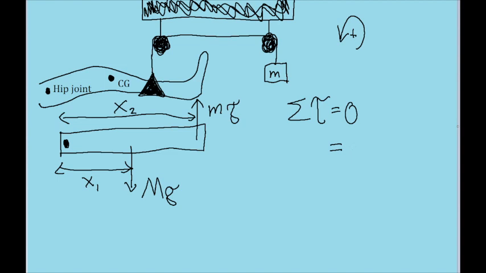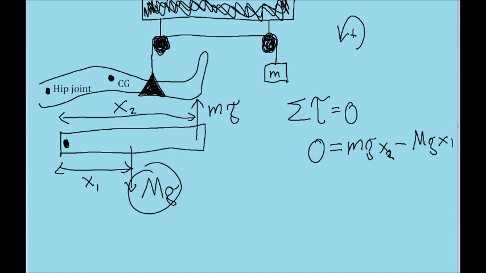So the torque is mg times that lever arm, which is x2. And then opposing that would be the force acting in the clockwise direction, which is going to be this Mg, because it's downwards with respect to the lever arm. So it's going to be minus, and then I'm going to write that as big M g x1. And as we mentioned earlier, this is going to be equal to 0.